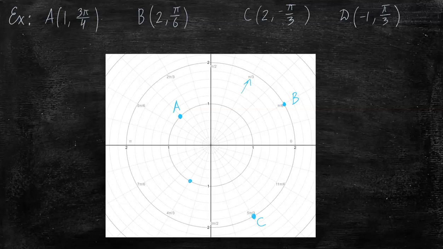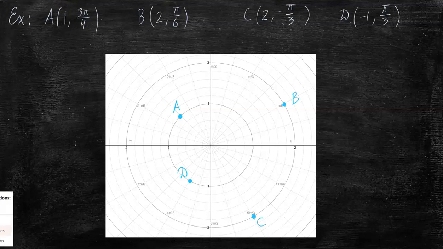So this will be the point D on this graph. So having this grid again makes it easy to graph the points or the curves in polar coordinate system.